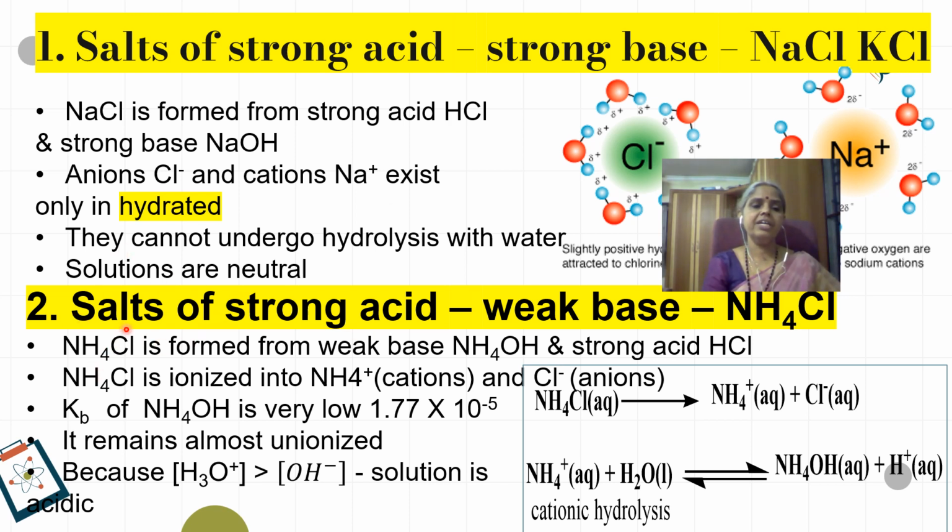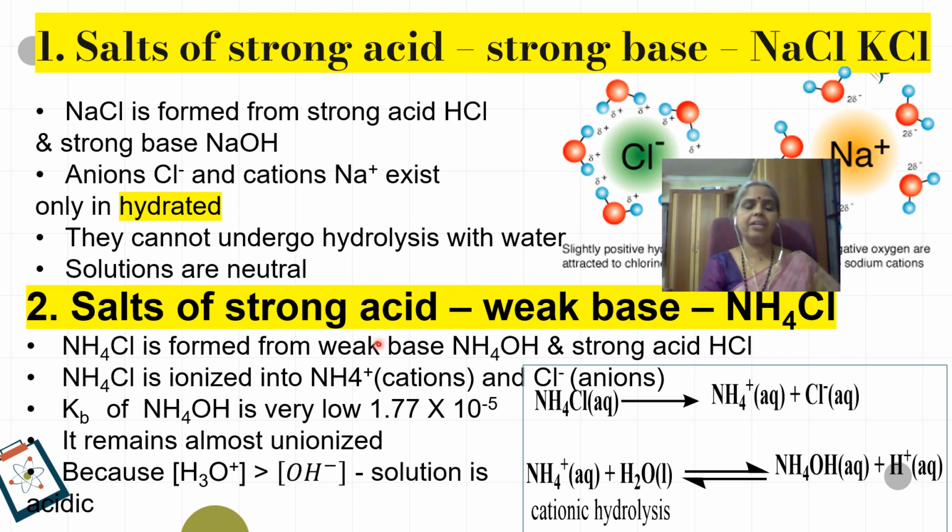The second case is salts of strong acid and weak base. Strong acid, weak base. Example we have taken is ammonium chloride. We know very well that ammonium chloride salt is formed from, look here, which acid and which base? HCl is the acid. Ammonium hydroxide is the base.